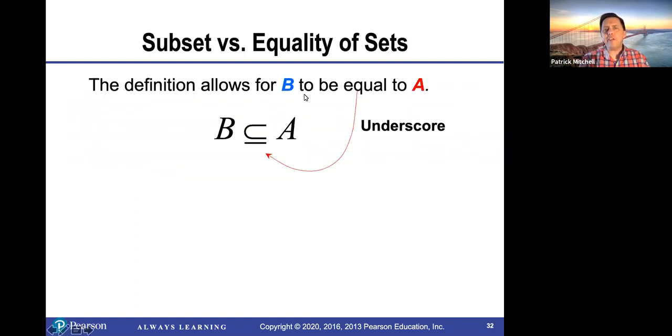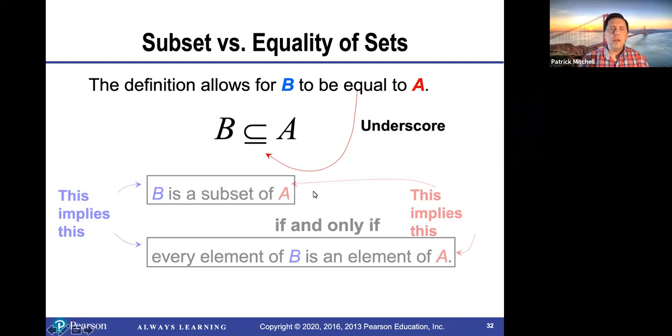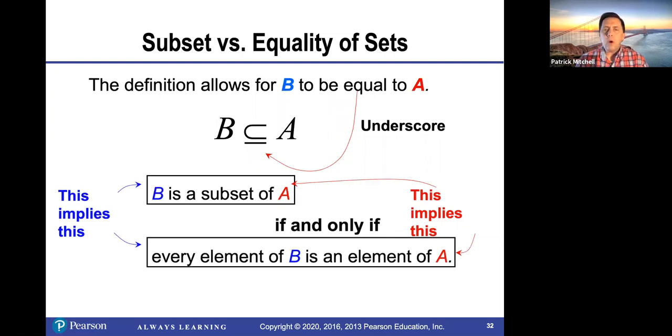Notice that this definition allows for B to be equal to A. So again, think of less than or equal. This is like the or equal. So what B is a subset of A means is that every element of B is also an element of A. And we'll see examples here in a minute.